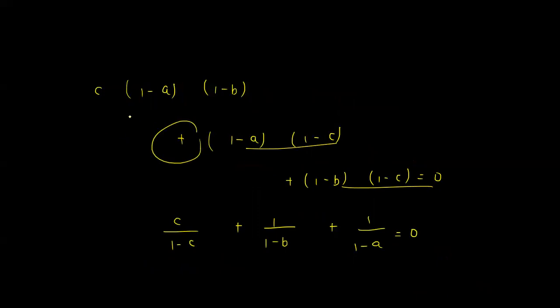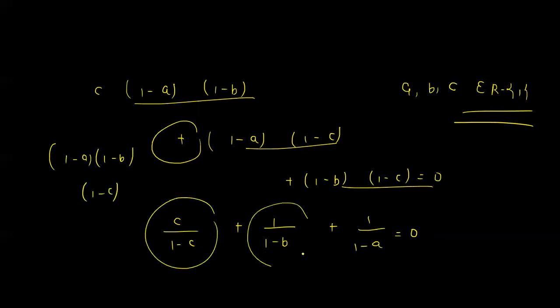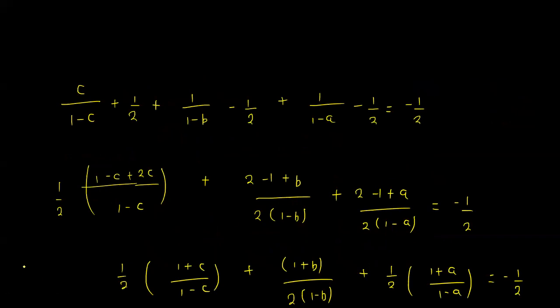So this thing will become this, and we are given in the problem a, b, c are not equal to minus 1. So we can divide it by 1 minus a, 1 minus b, and 1 minus c. So it will become c divided by 1 minus c plus 1 divided by 1 minus b plus 1 divided by 1 minus a. This whole summation is 0. And we can add half and subtract half, and also subtract half.